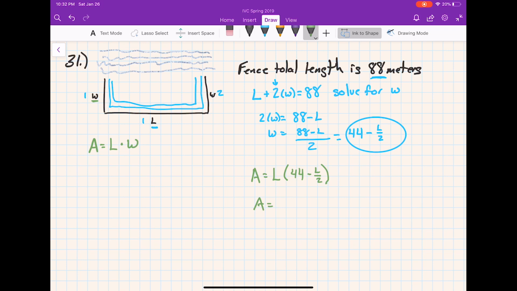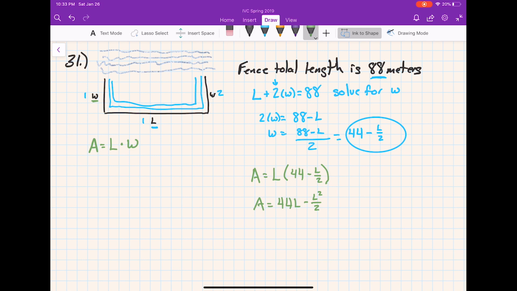There we go. A equals 44L minus, and L, oops, 4L. This is L times L over 2, so this is going to be L squared over 2.